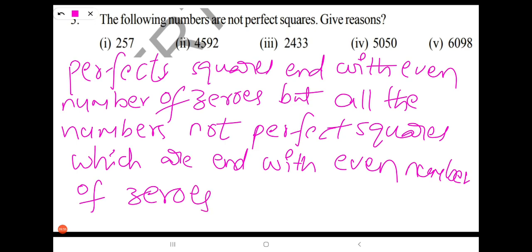I hope you understand very well, right? So now this 5050 is not a perfect square due to this reason. Okay, right. Thank you.